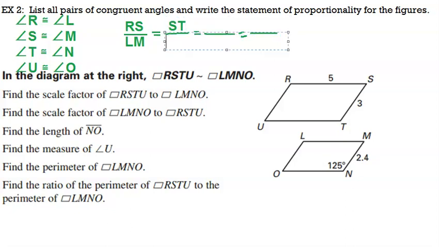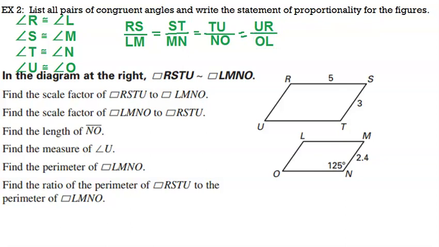We could make, it's called an extended proportion. We could just keep going here. ST and MN, TU and NO, and UR or RU, whatever you want to say, it doesn't really matter, and OL.